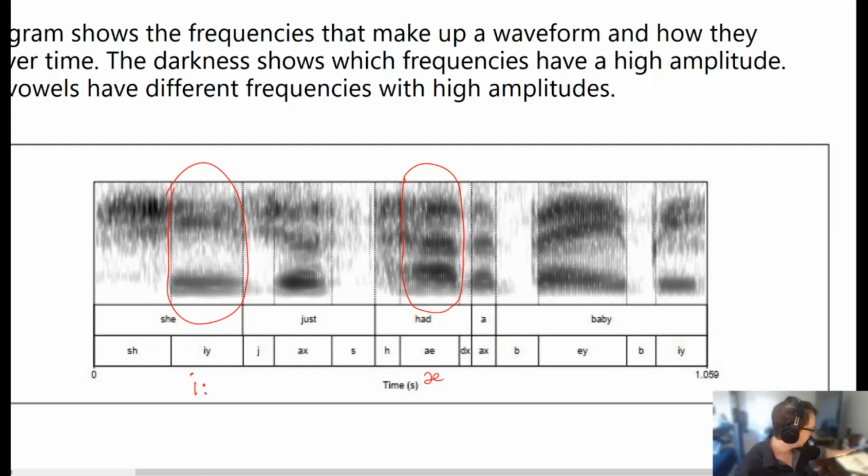While j, s, b, sh, you know, when we had a buh, buh, buh, we're holding air back. So we're not really going to get much of a waveform while we're holding air back. So that's why in this area, we're not producing any sound. So we're not really getting much of a frequency here. We're not really getting those dark bars.